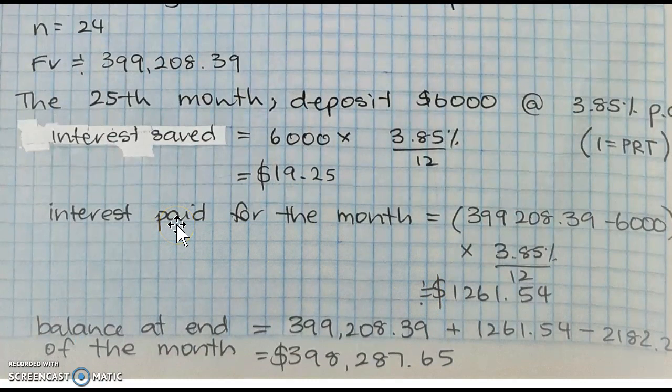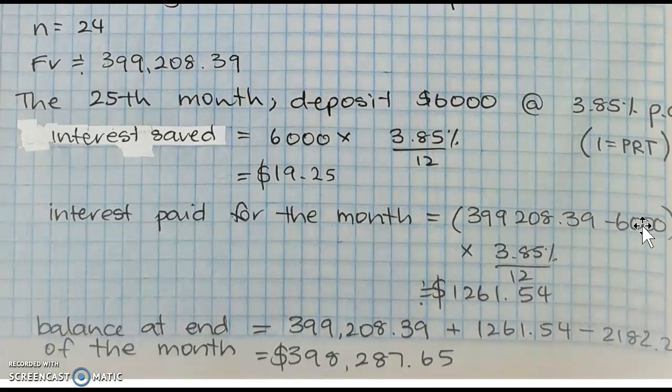Okay, so now I want to work out how much interest I have to pay for that 25th month. I don't need to use my calculator because it's only 1 month, so it's only one iteration or one calculation. I don't need repeated calculations, which is what TVM does for me. So I work out this was my future value, and then I take off the $6,000. What I'm left with is what is in the bank for that 25th month.